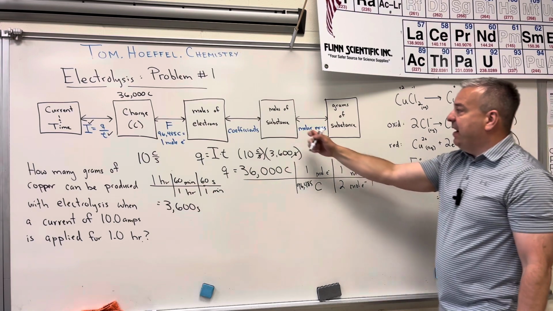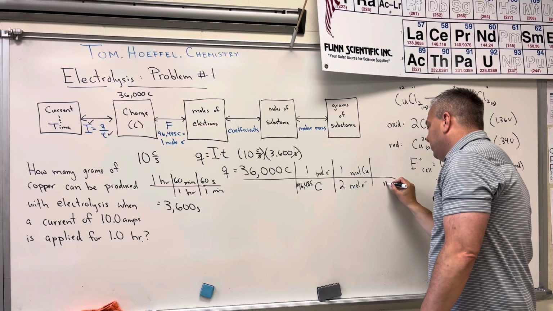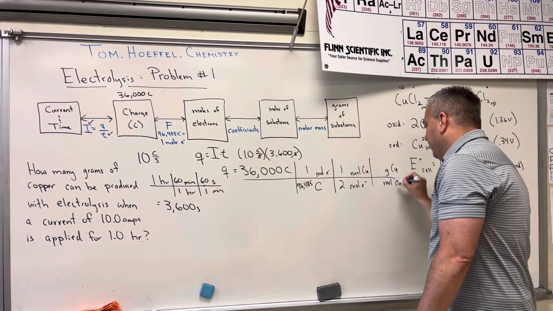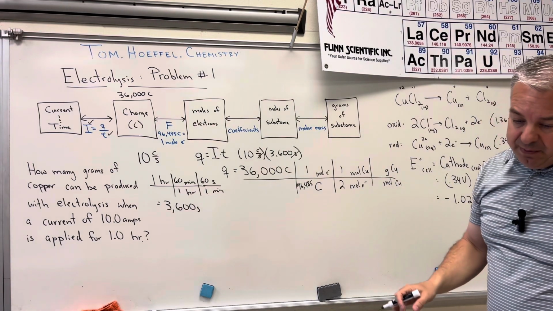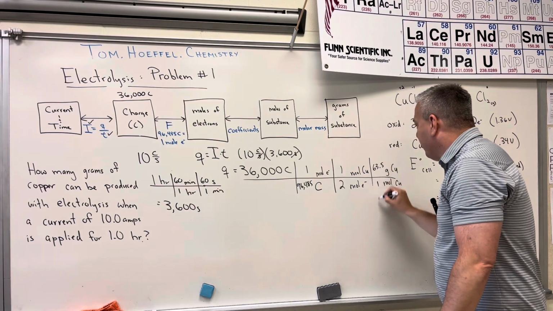Finally, I'm going to go from moles of my substance to grams of the substance using molar mass. So moles of copper to grams of copper. I look at the periodic table and find the molar mass of copper to be 63.5 grams per mole.